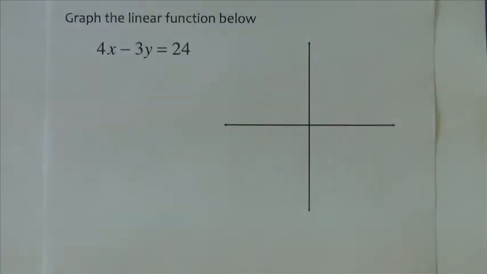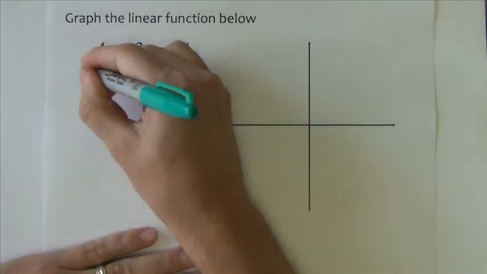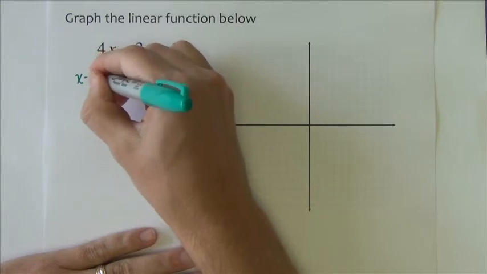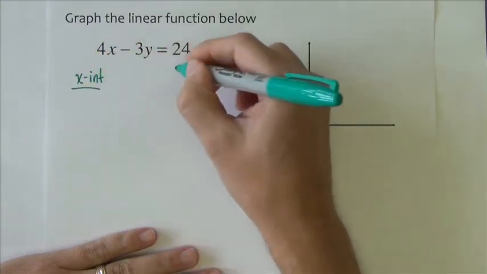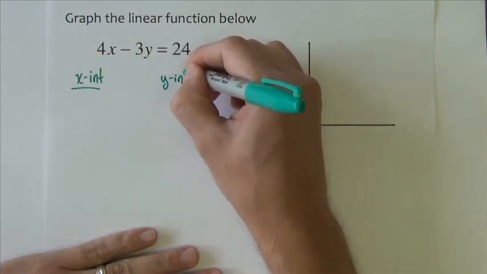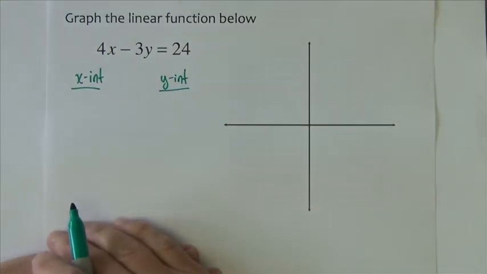So first example, 4x minus 3y equals 24. I would like to find the x-intercept and the y-intercept. We find them this way.